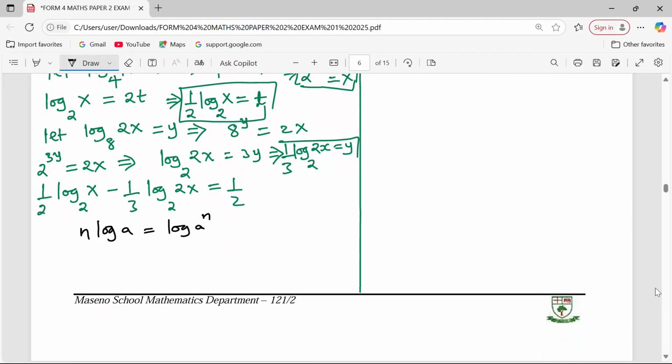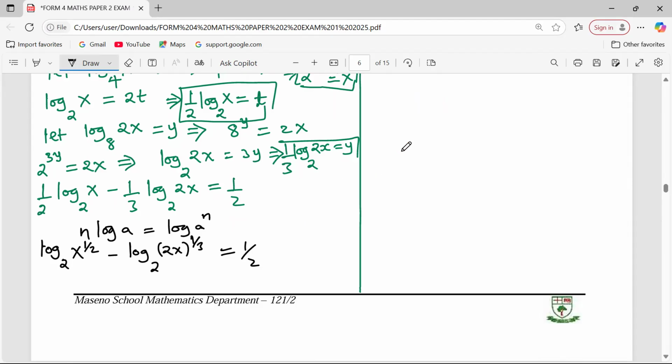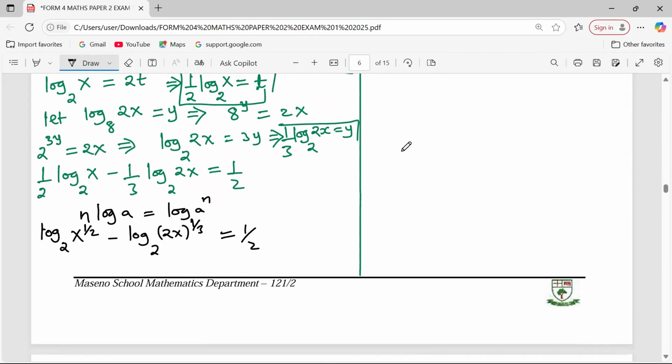So this way, we can say that the logarithm to base 2 of x power half, x becomes power half now, minus the log to base 2 of 2x, which now becomes power a third, equals half. Let me charge my pen, and I hope you are really following.